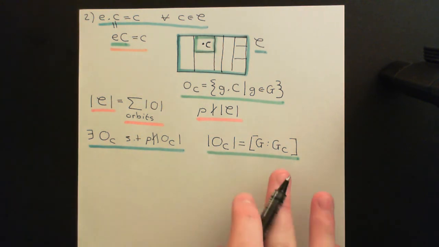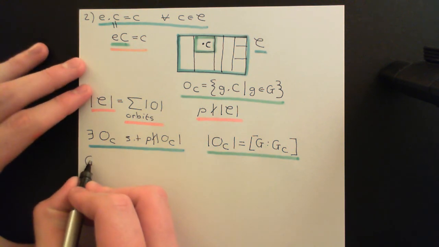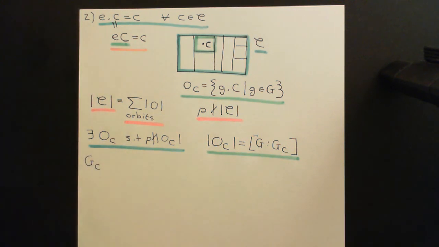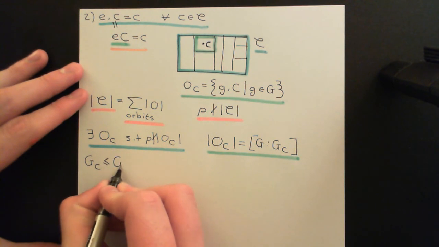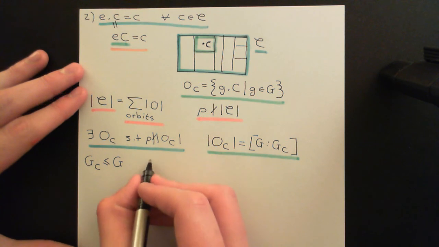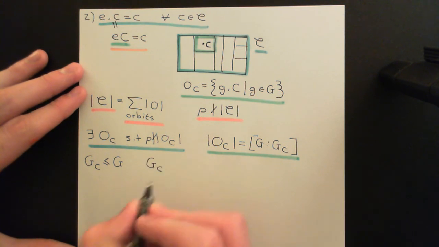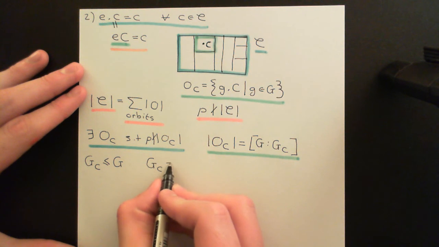Right, so let me just remind you of the definition of the stabilizer. The stabilizer of a subset capital C is a subgroup of capital G. It's always a subgroup, no matter what group action you're talking about. I'll start with the arbitrary definition and then we'll apply our specific group action to interpret it.